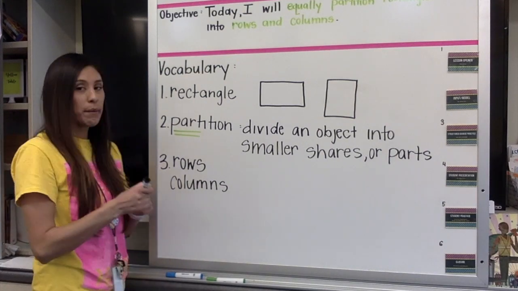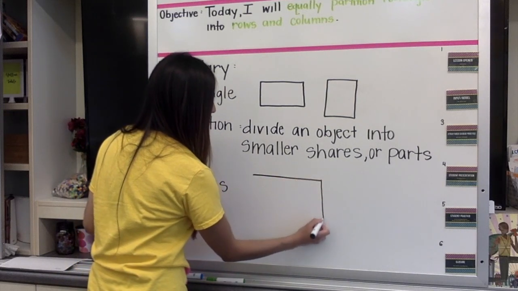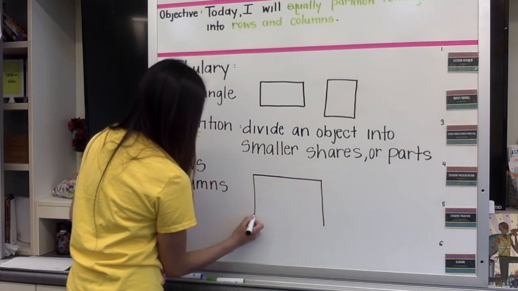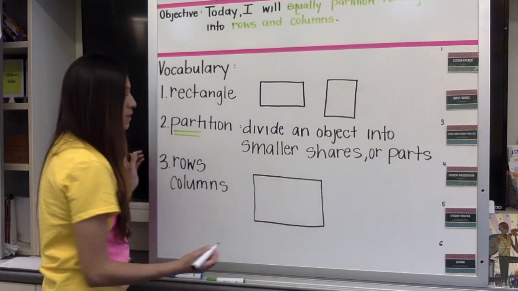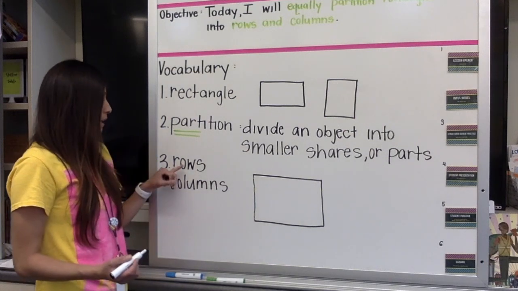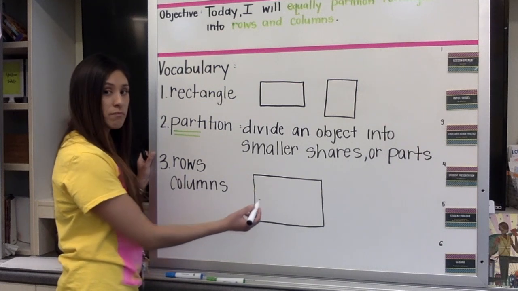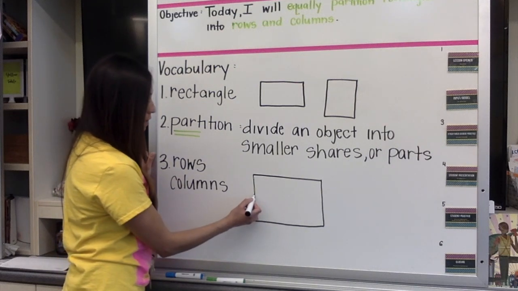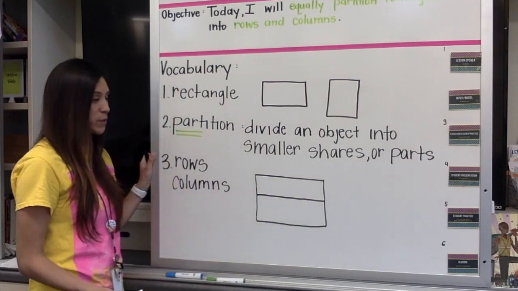So I'm going to model what this looks like, and then I'm going to explain to you using a picture what the difference is between rows and columns. So I start with a shape like this rectangle, and I'm going to divide it into rows, okay? So rows go from side to side, left to right.